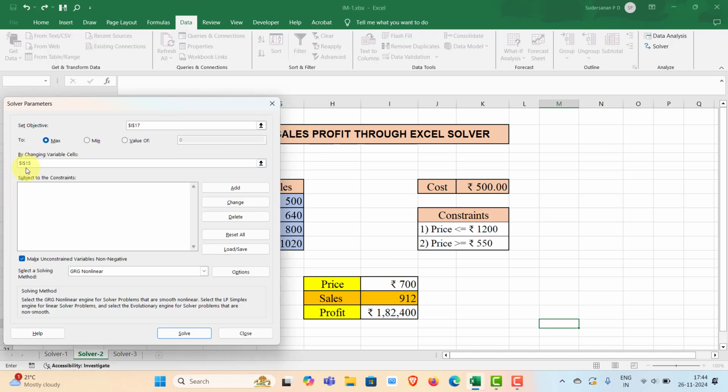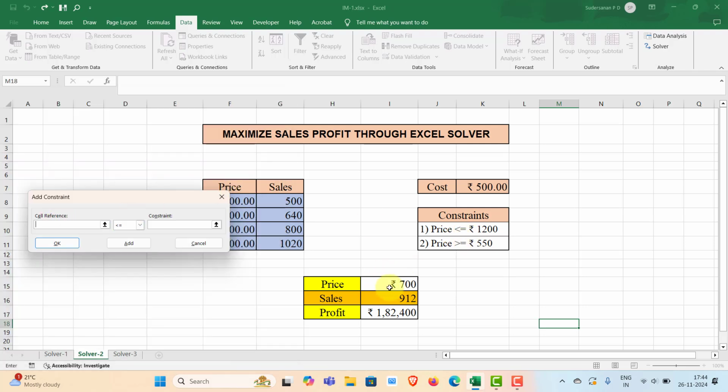I selected that cell, that is the I15 cell, and now you need to add these two constraints. You can use Add. The constraint is that price should be less than or equal to 1200. So I'll select the price, then select the constraint from here, less than or equal to 1200. So that you can add.